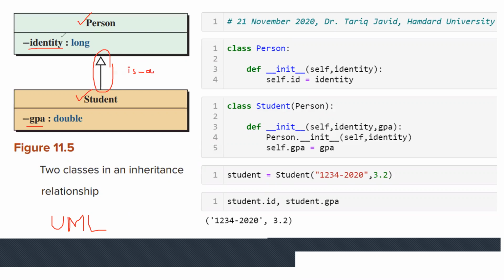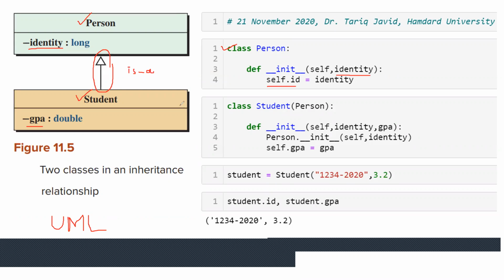This is a link. So with the class person, which is a very easy thing because person only has the identity, we can return the identity as well. We return the self.id.